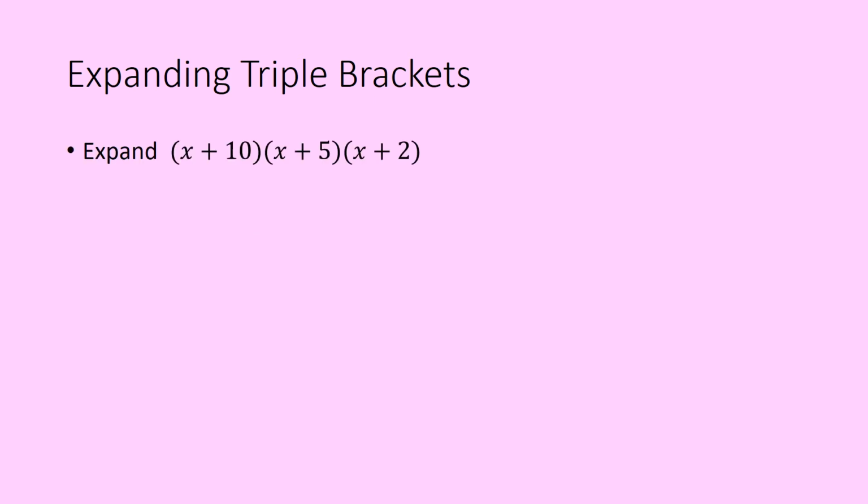So let's have a look at another example. We've got x plus 10 in brackets, x plus 5 in brackets, and x plus 2 in brackets. My first step would be to expand the double brackets. x times 5, 10 times x, and 10 times 5.